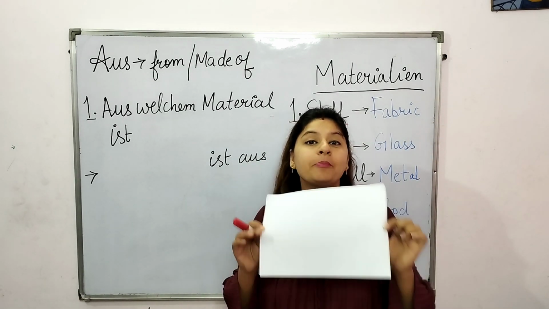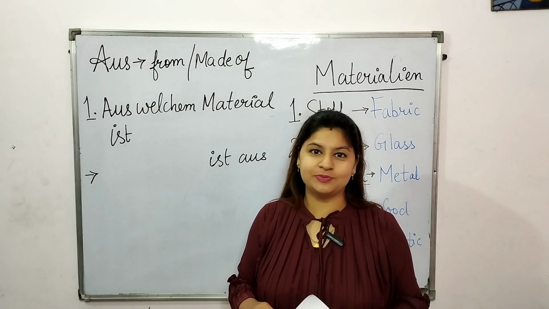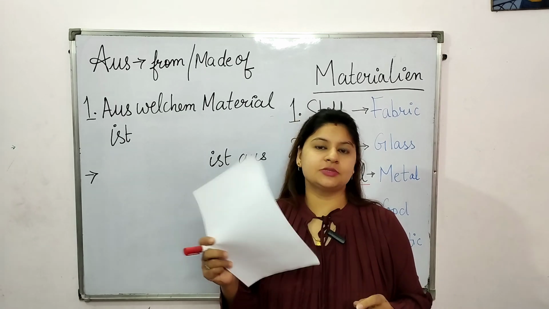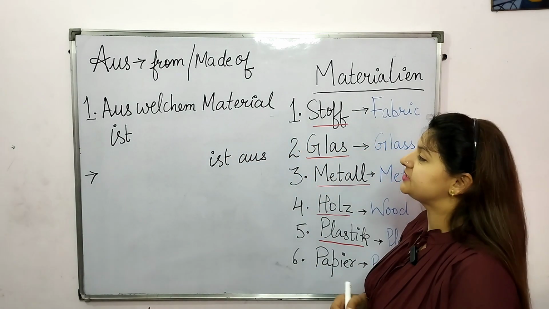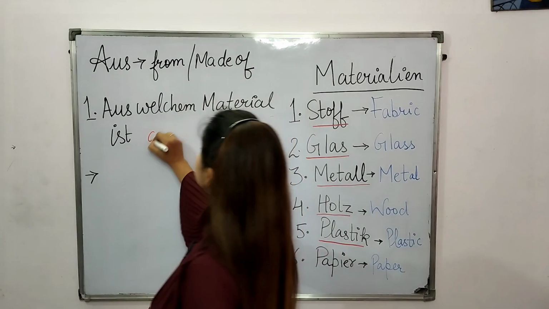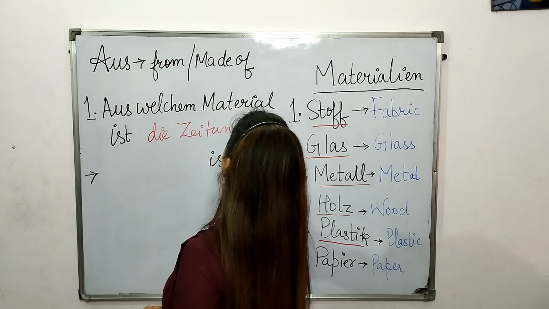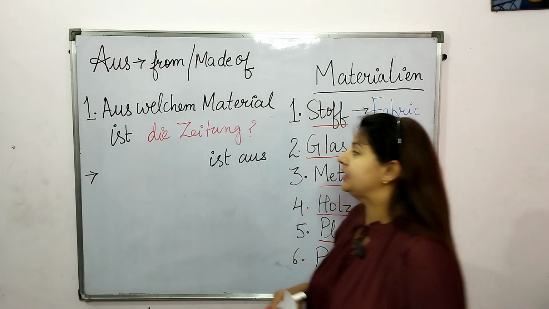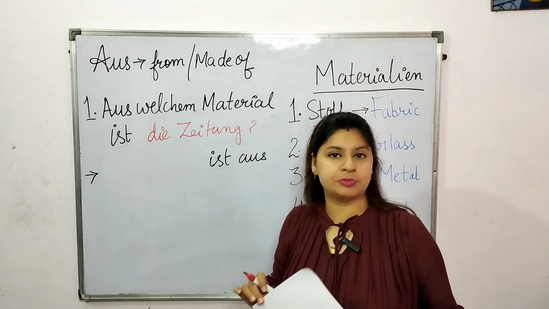Now I have a paper. I don't have a newspaper right now, so we can take this paper as a newspaper. Aus welchem Material ist die Zeitung? Die Zeitung, that is newspaper.